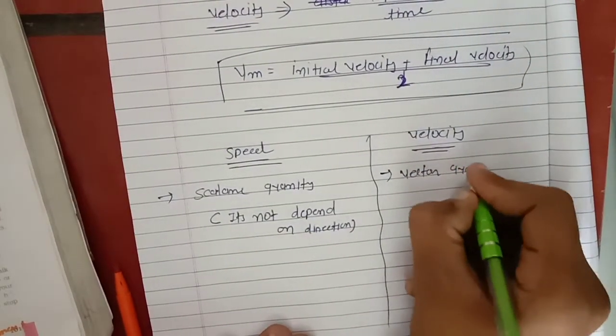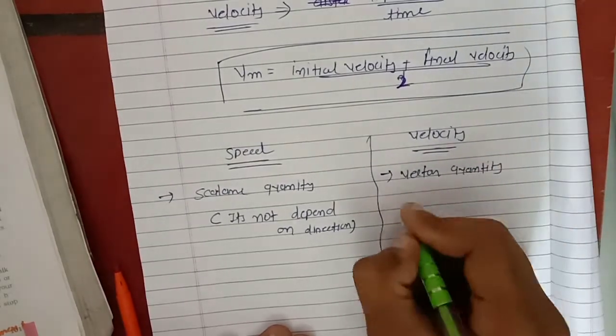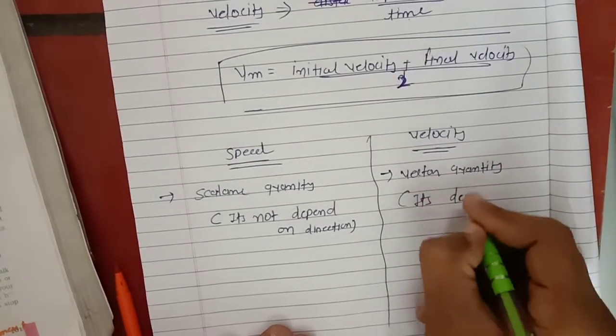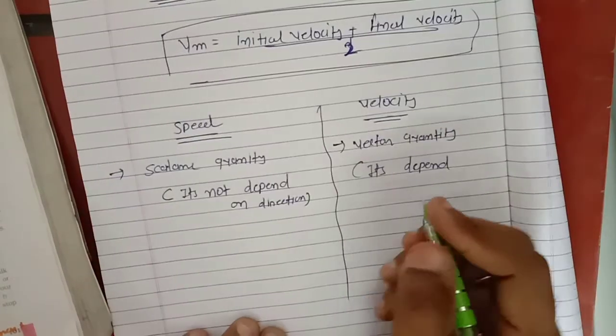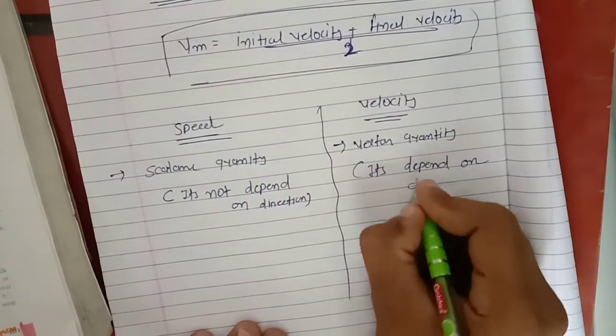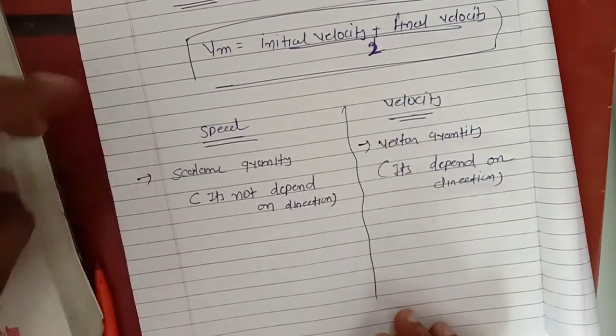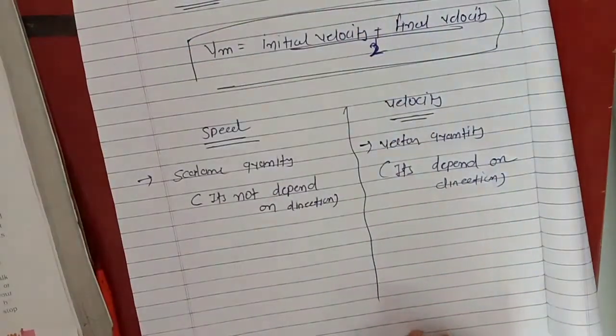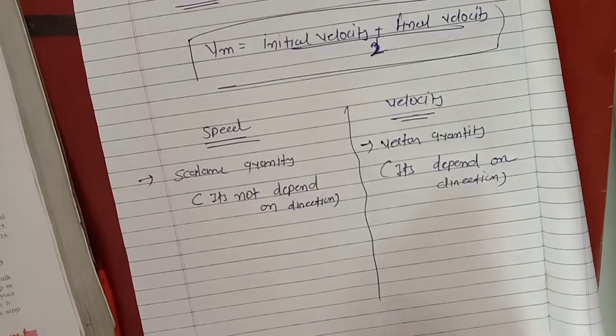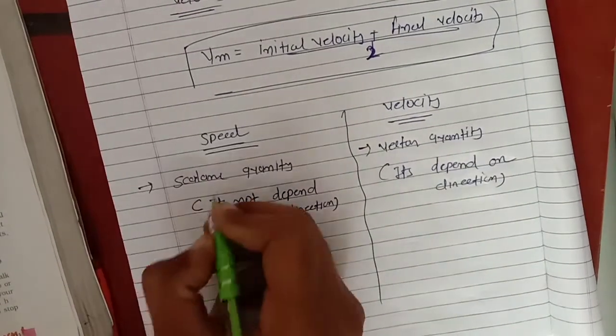Vector quantity. It means it depends on direction also. Means in speed we take magnitude only, in velocity we take magnitude as well as direction.